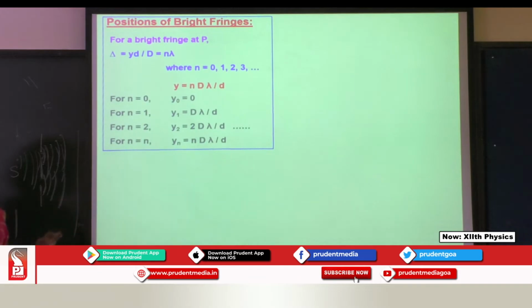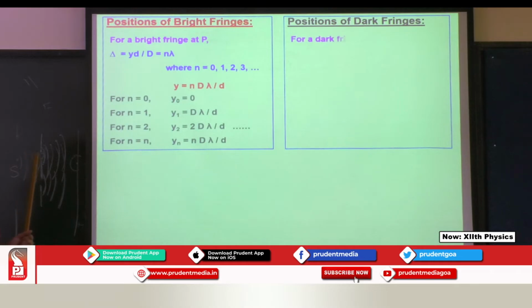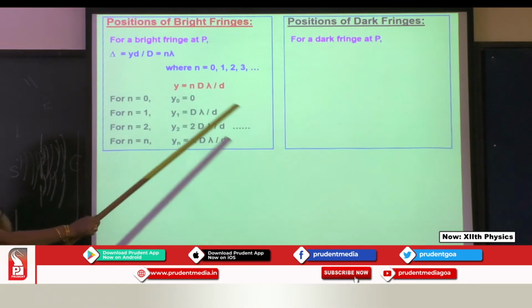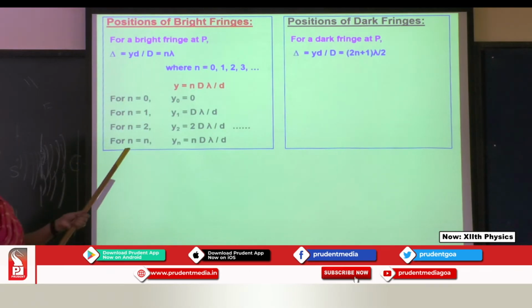For the first fringe, when you draw it, at the point over here, the first one from the center is n equal to 1, then n equal to 2, 3. So we get consecutive bright and dark fringes. Now for the dark fringes, the condition is that the path difference is equal to (2n plus 1) into lambda by 2.